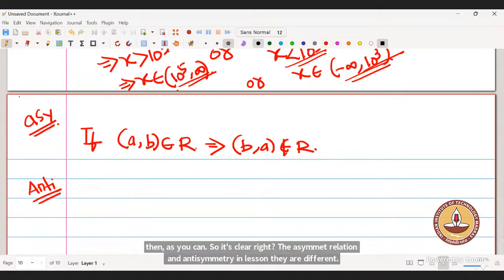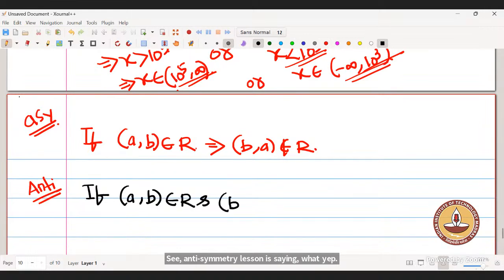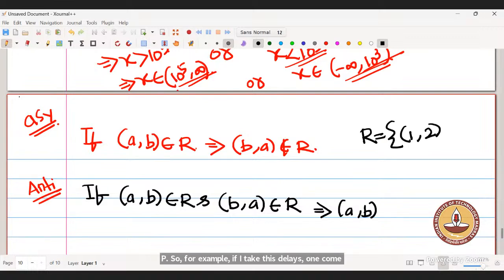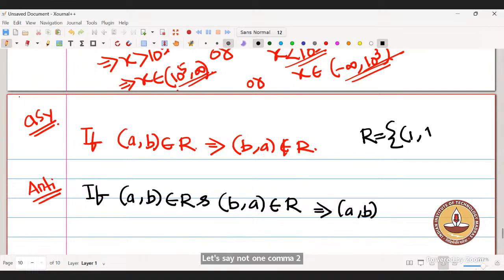Why? See, the anti-symmetry relation is saying what? If (A, B) is in R and (B, A) is in R, then A equals B. So for example, if I take this relation, let's say (1, 1), right?